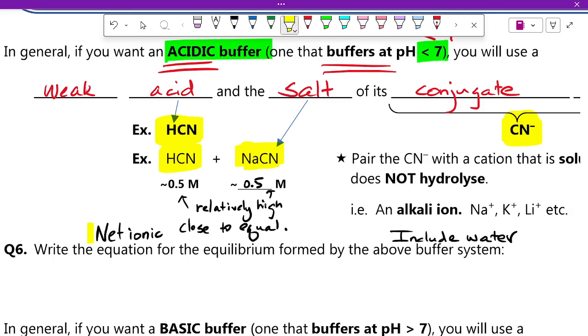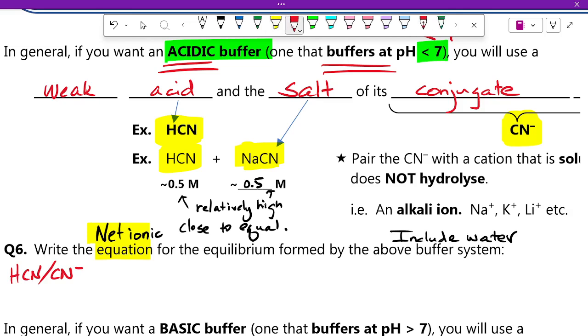So you're going to be writing the net ionic equation for the equilibrium formed by the buffer when you have HCN and CN minus, and you're going to include water. See if you can do that.